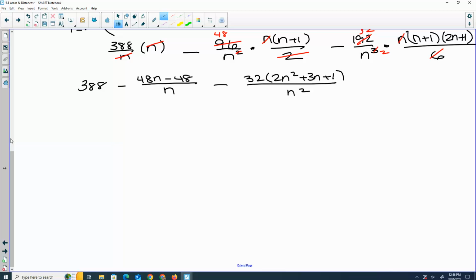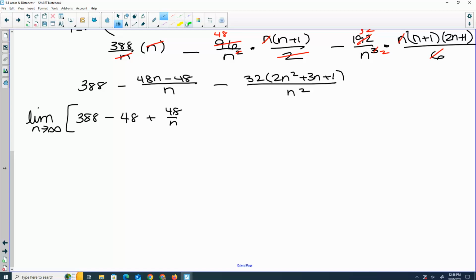Are you guys with me so far? Ultimately, what do we have to do to this? Put a limit in there. So we're doing the limit as n goes to infinity. I'm going to write my limit, and then clean this up a touch more. If I break these apart, 48n over n would just be 48, minus negative would be plus 48 over n.